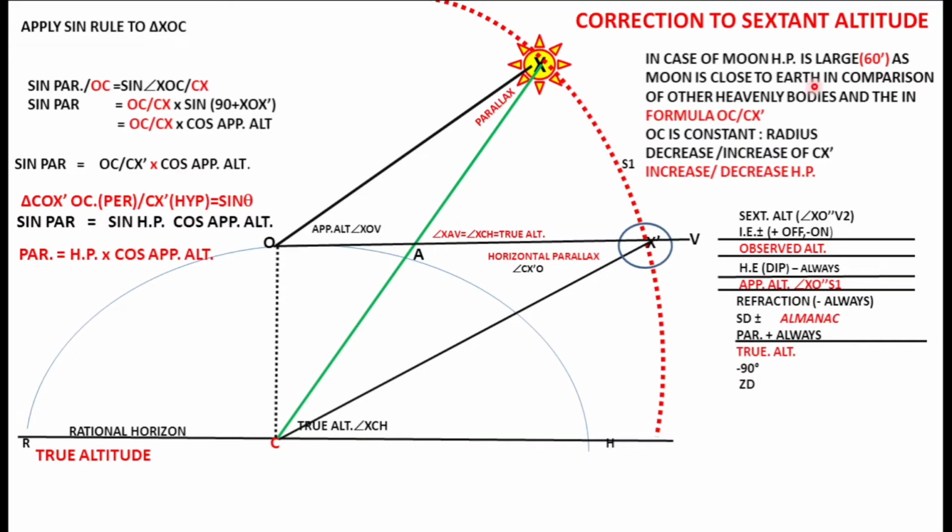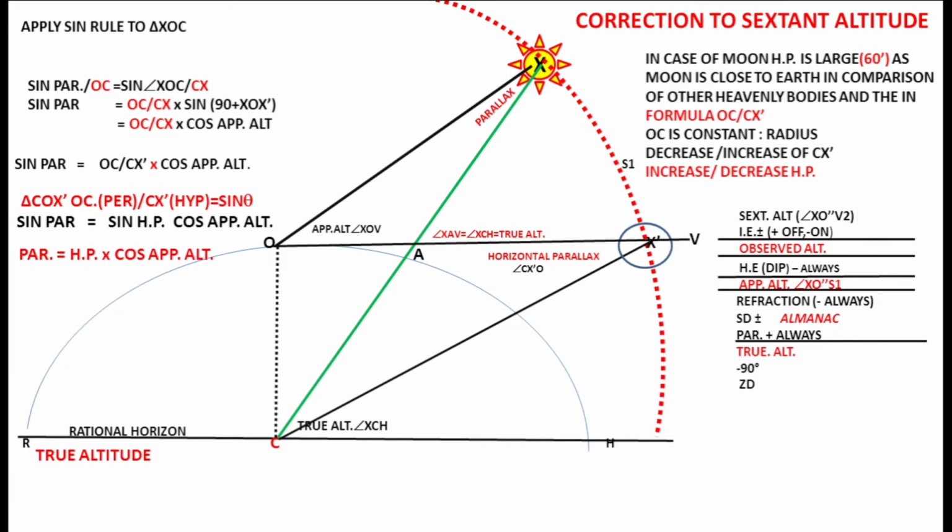In case of moon, HP is very large because it's very close to us. It is up to 60 minutes. In case of sun, it really doesn't make a difference. But in case of moon, it's a big correction.